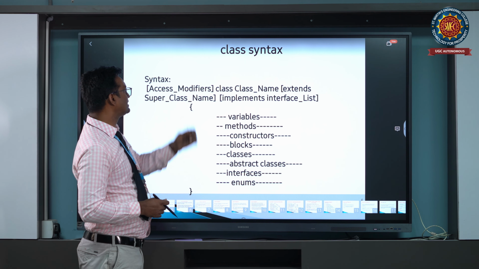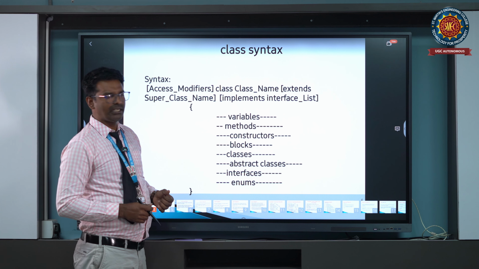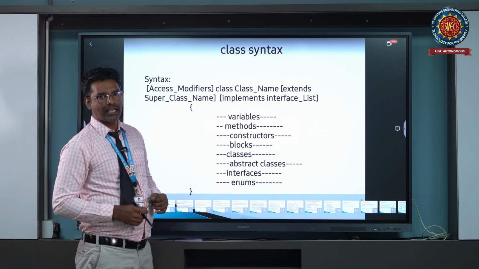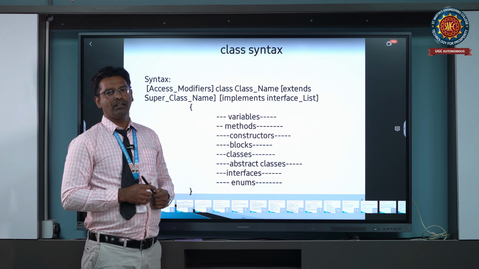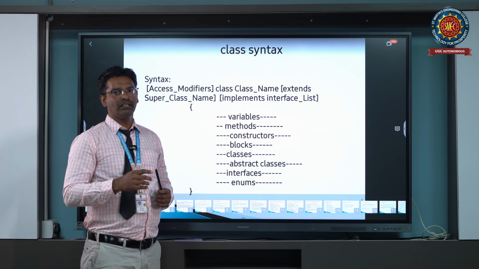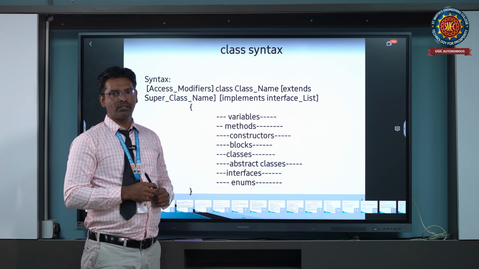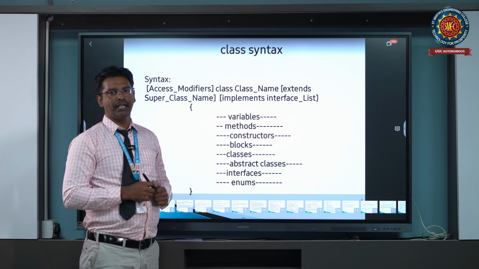If you see the class syntax here, every parameter is very important. First, access modifiers. Access modifiers are basically divided into two types. For the class scenario, there are four types: default, private, public and protected.